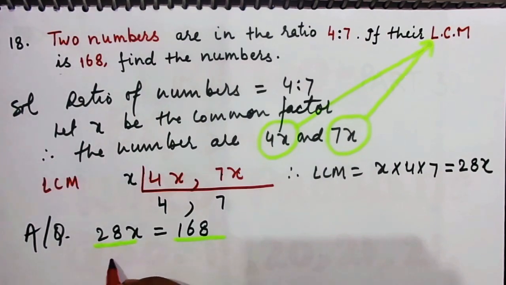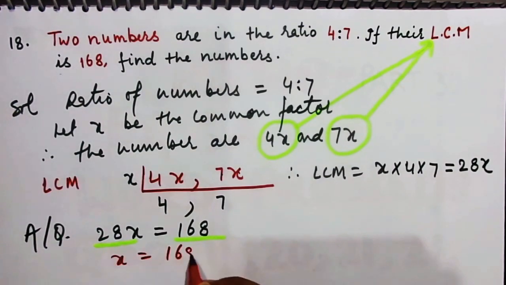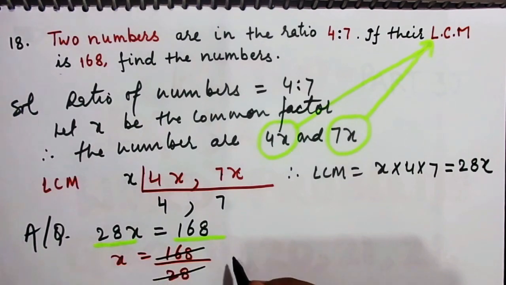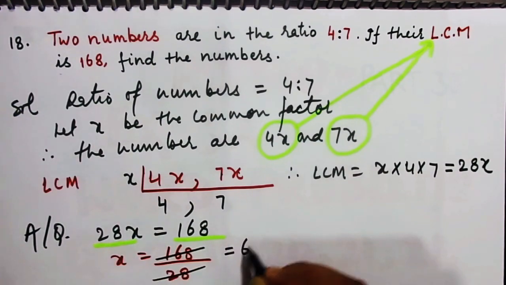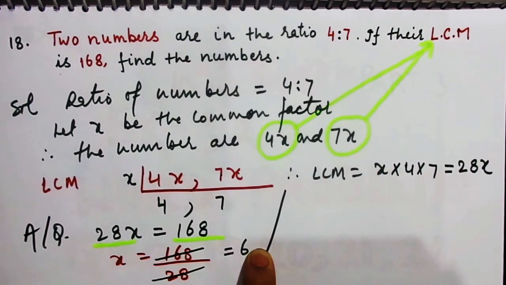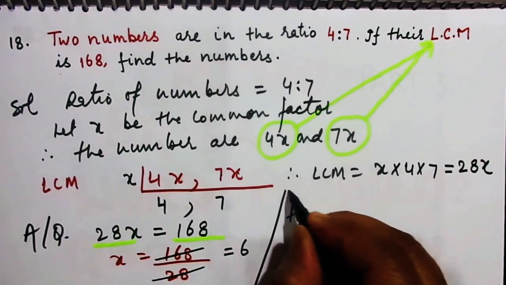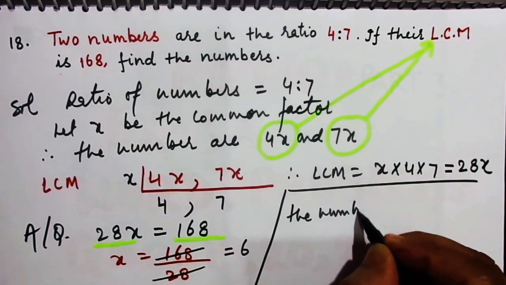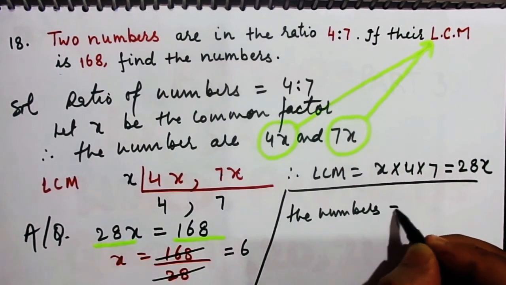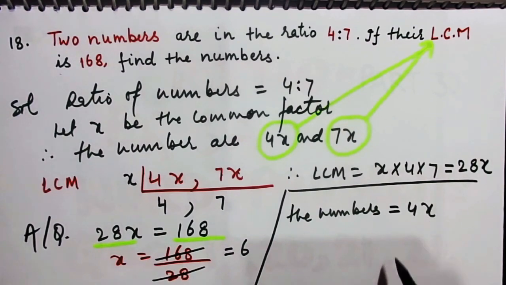Therefore, x will be equal to 168 by 28. When you cancel it, naturally you will get the value of x as 6. Now once you get the value of x as 6, the numbers will be 4x and 7x.